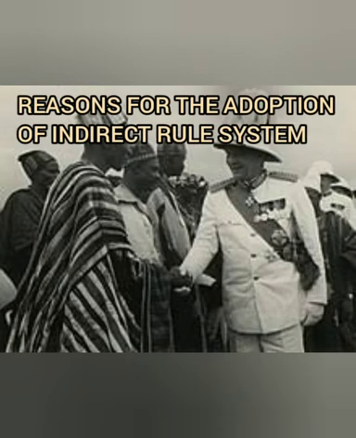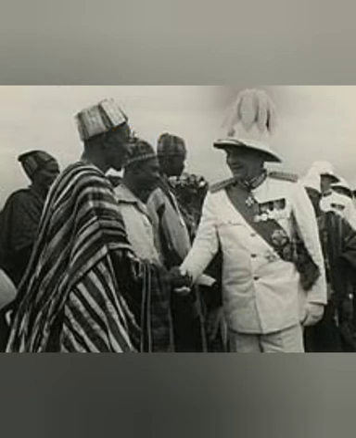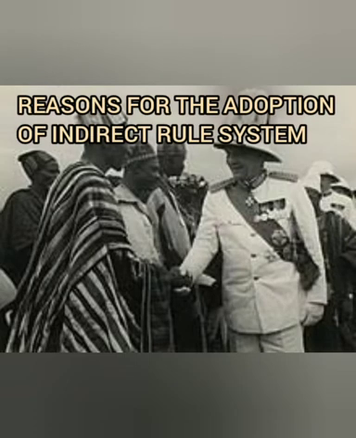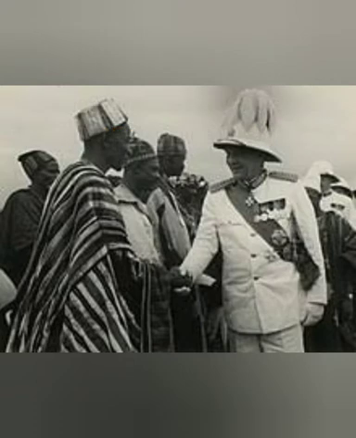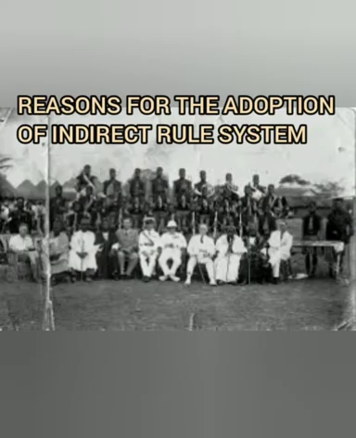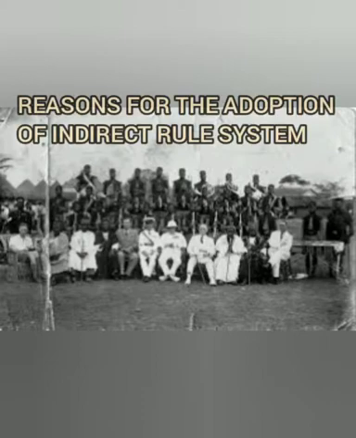What it means is that the British had few personnel for administrative purposes. That was the reason why they had to use traditional rulers to replace the British personnel they did not have.